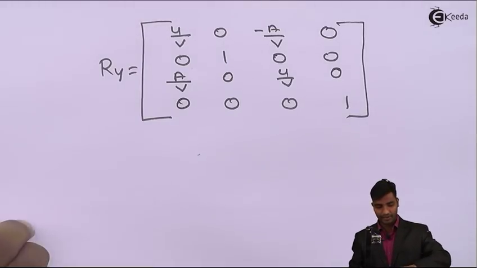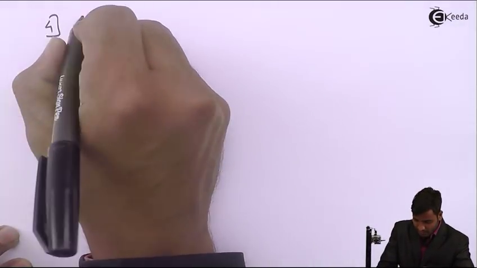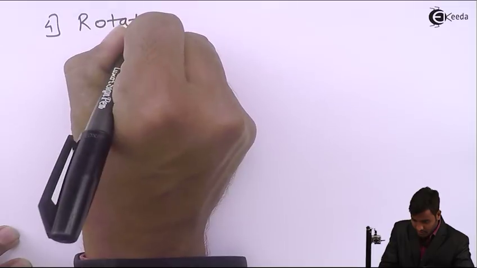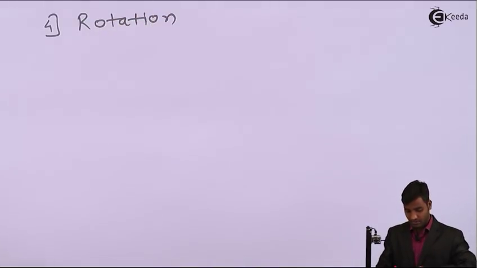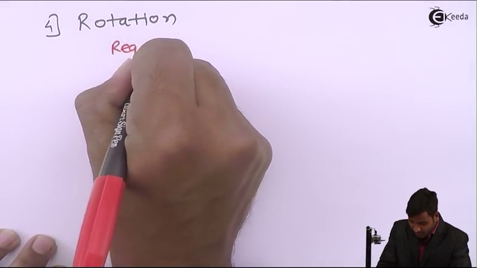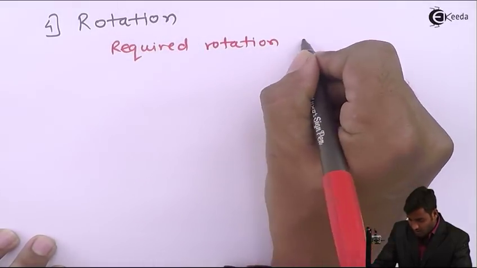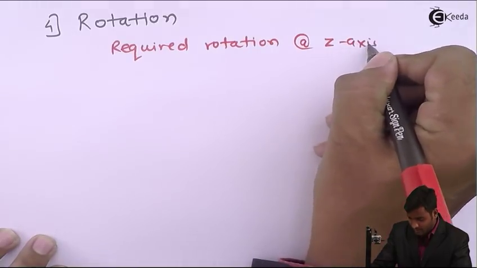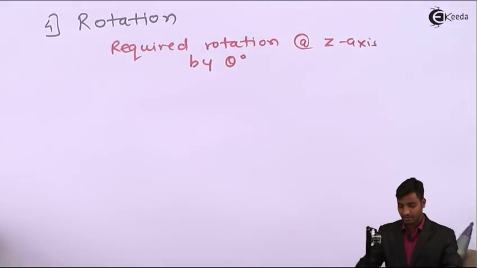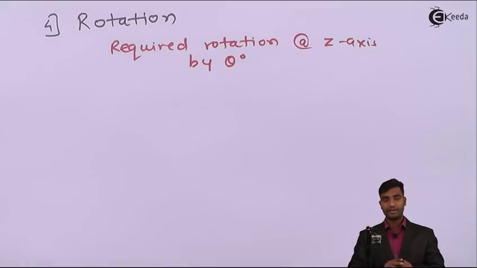So next transformation we will do here, that is, this is the fourth one, which is rotation. This is the required rotation about z axis by theta degree, because this is the only thing which we required for rotating a point about a given 3D line.